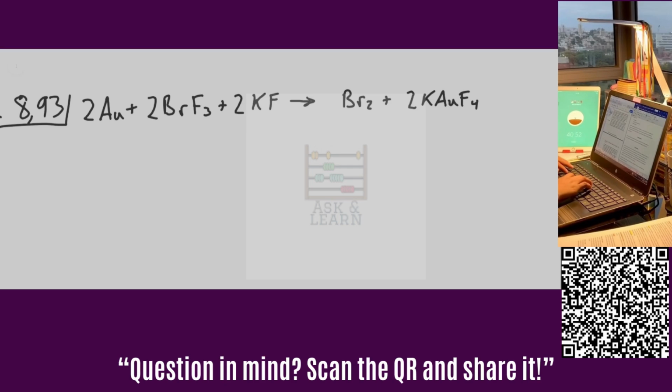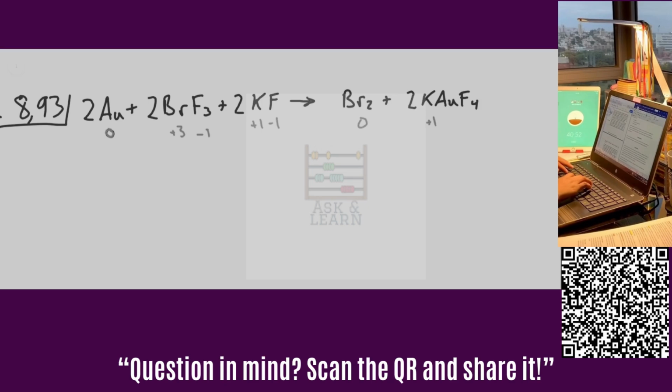So we can identify the reducing and oxidizing agents by looking at the oxidation states. So here gold has an oxidation number of 0. Fluorine is -1, which means that bromine has to be +3. Potassium is +1, fluorine is -1, bromine here is 0.